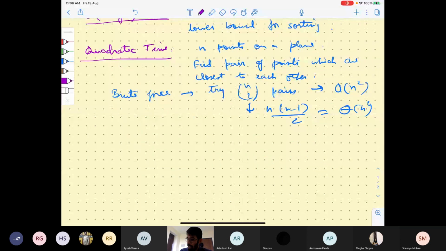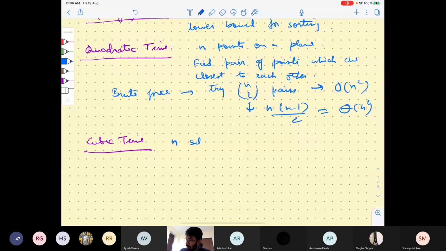Then we also have cubic time, which is a bit more rare, but there's a very natural example where we see cubic times. Suppose you are given n subsets of 1 to n.